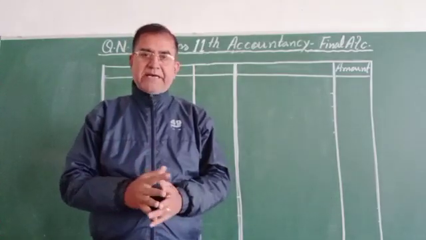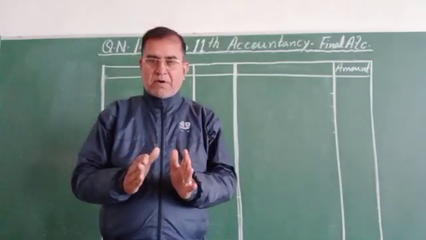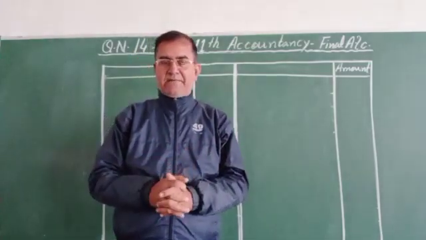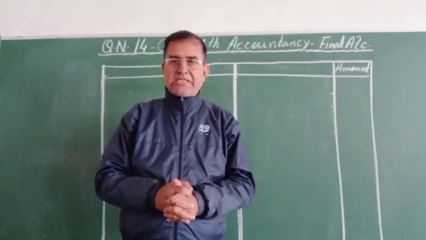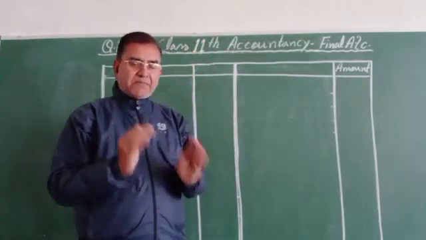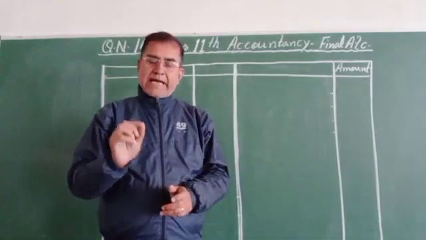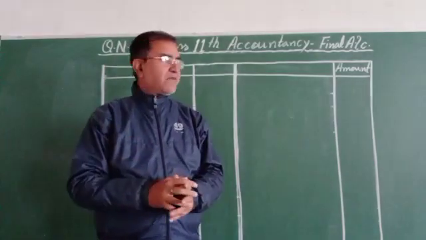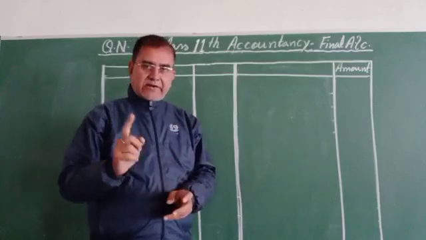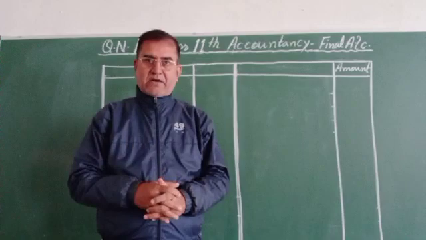In the previous video, you sent me the problem of question number 14. In that video, the income statement was prepared, just like the trading account and profit and loss account.